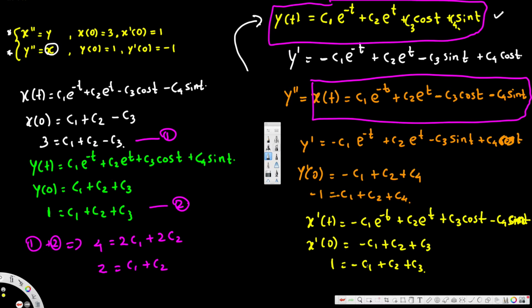Okay, we have this one and this one. Let's see how to, we have c1 plus c2, and here we have these two terms, minus c1, c1 plus c2 plus c3.